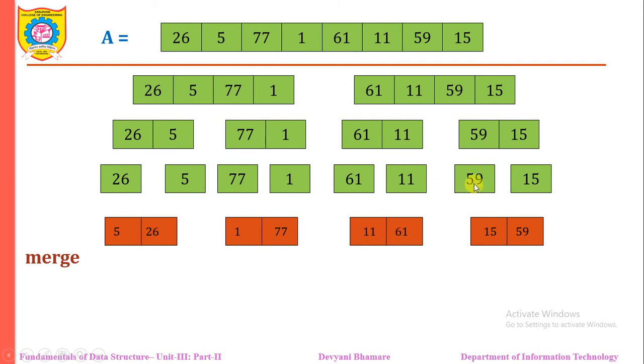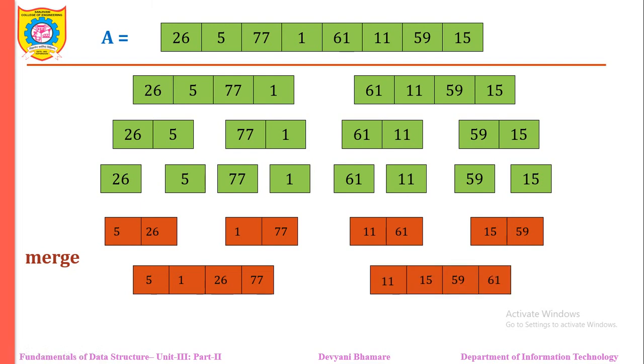And here 51, 9 and 15 are in sorted order. Again, consider the two sub-arrays 5, 26 and 1, 77. They are merged so that we get 1, 5, 26 and 77. And in this case, the merged array becomes 11, 15, 59 and 61.